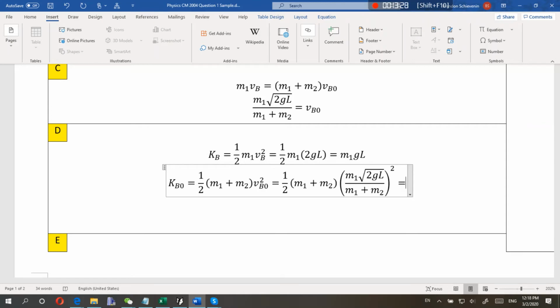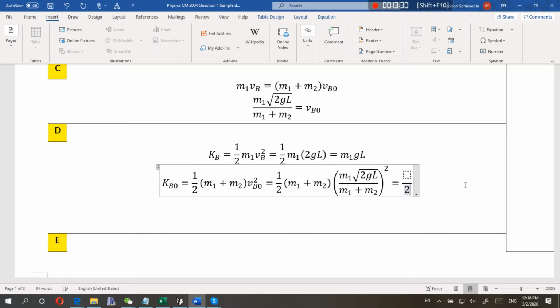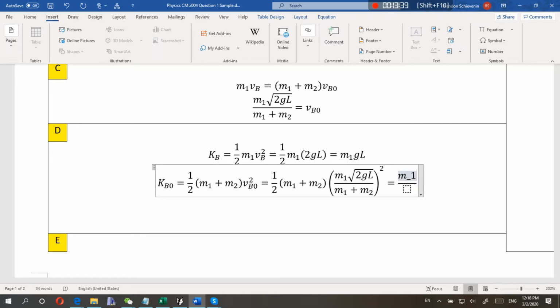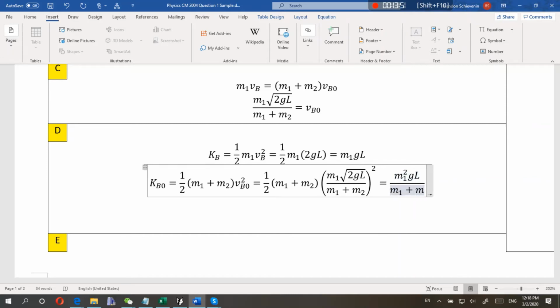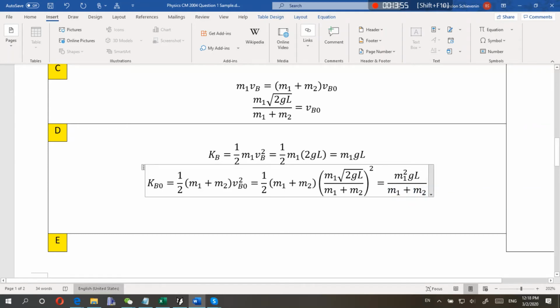Actually, two will cancel. So it's like M1 squared, 2GL. Okay, that 2 is going to cancel, like you said. L, okay, so over M1 plus M2.